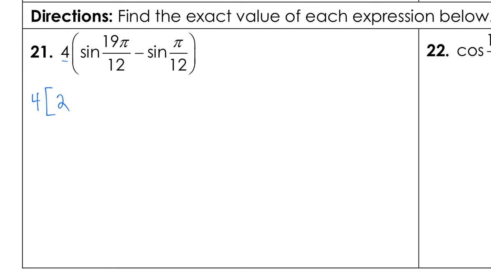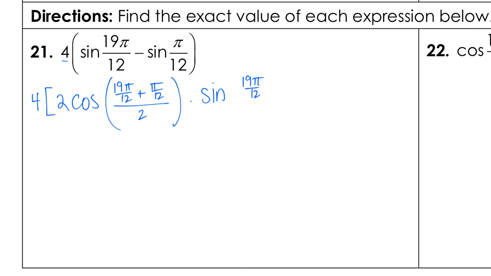And then cosine of adding those two angles. So it's going to get a little complicated for a second. 19 pi over 12 plus pi over 12, then over 2. Okay, and then times sine of subtracting those two angles. So 19 pi over 12 minus pi over 12 divided by 2.